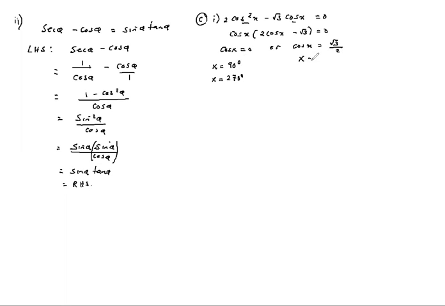So x here is 30. But where else is cos positive? In the fourth quadrant. So you go in the fourth quadrant and look for 360 minus 30. So you get 330. So these are your angles.